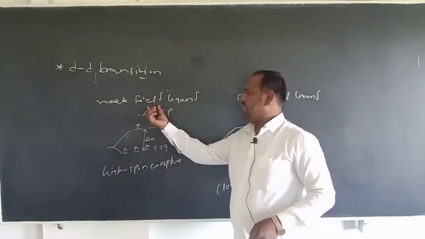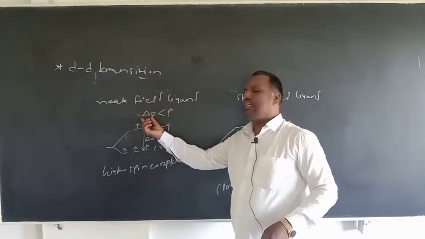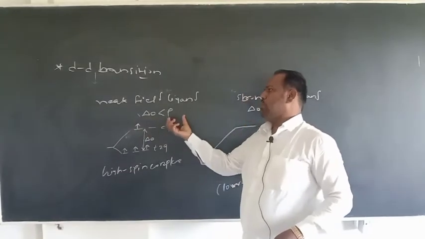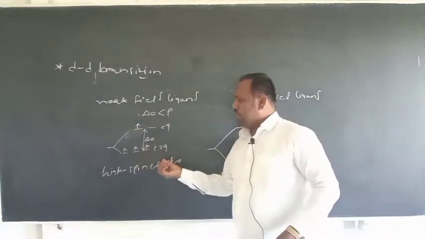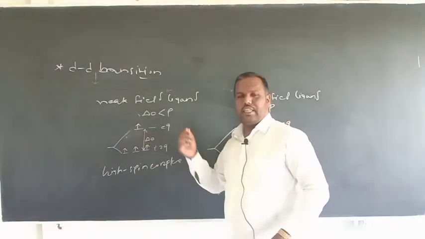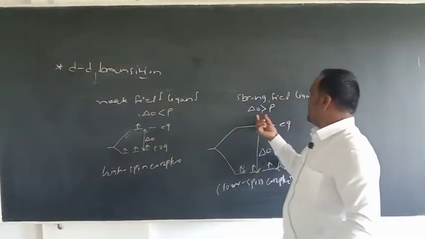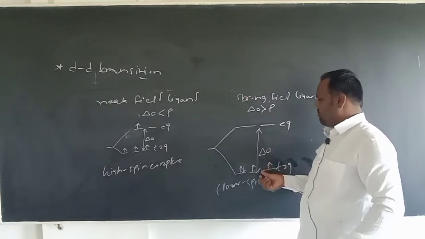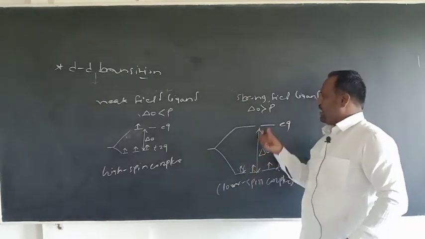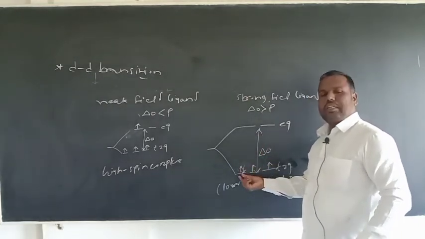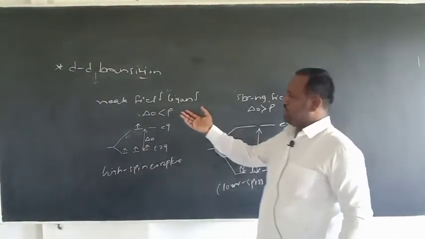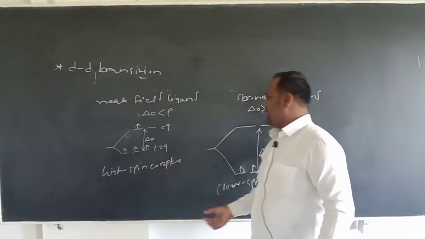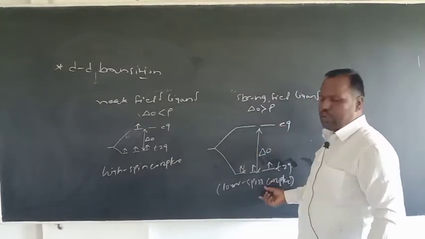In presence of weak ligand field, delta octahedron is less than pairing energy, so pairing energy is very high. Therefore, the electron does not pair, so it goes into the higher energy orbital. In the other case, the pairing energy is less, therefore the electron acquires this pairing energy and becomes paired, and it goes into the T2G orbital. So these weak field ligands give high spin complexes, and these strong field ligands give low spin complexes.